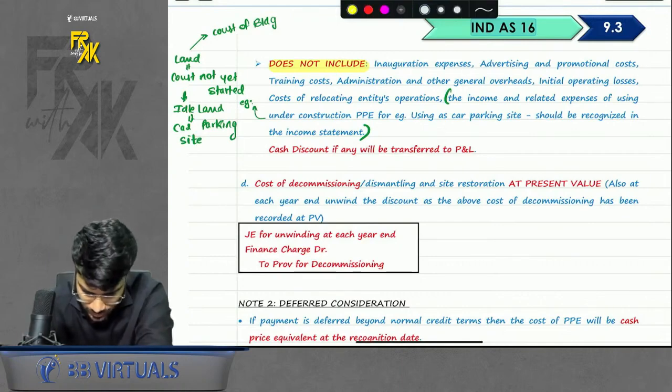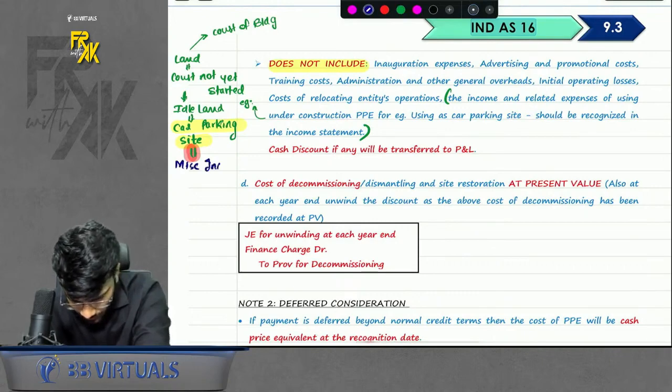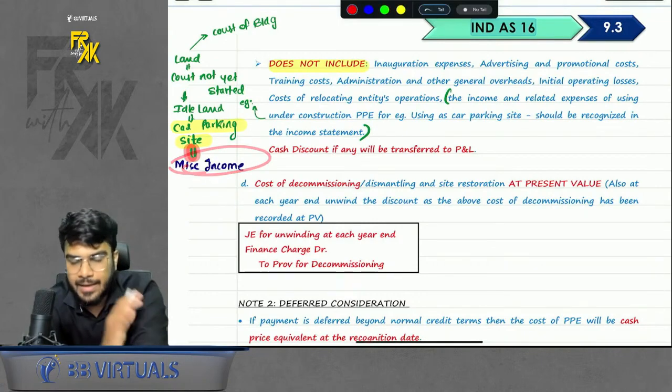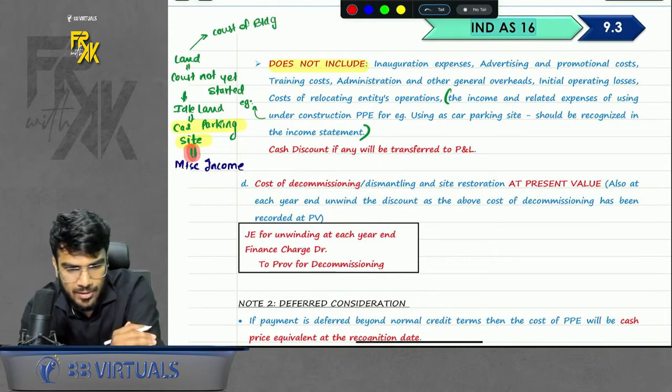Of course, the motive behind making it a car parking site is earning some miscellaneous income. Now the question is, will such miscellaneous income be adjusted from the cost of the asset, or will it be transferred to profit and loss, right?